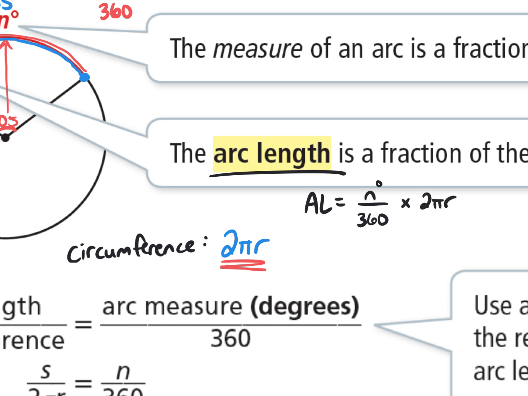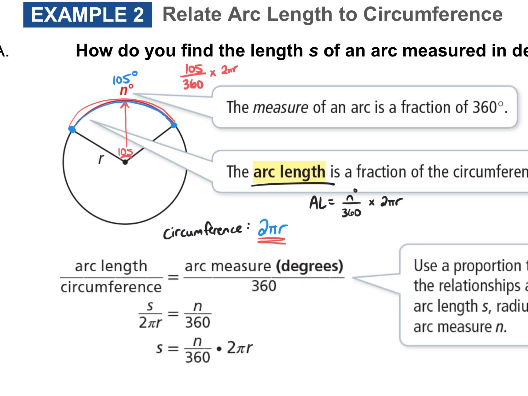So again, we're taking a fraction of the whole circumference to give us the arc length. And this N means the arc measure or the central angle measure, because they're the same thing. So with this formula, let's take a look at example 4.